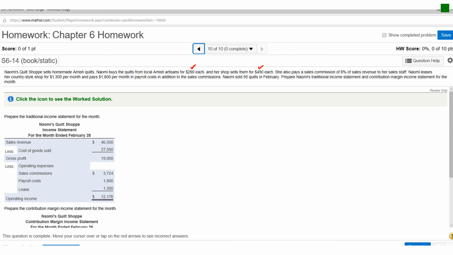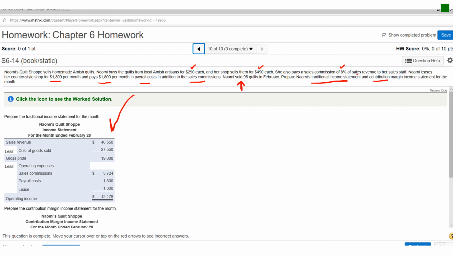They also pay a commission of 8% of sales revenue, and they lease their shop for $1,300 per month, and then they pay $1,800 per month in payroll cost in addition to sales commissions. So that's the setup. Now, they sold 95 units or quilts in February. First thing we'll do is the traditional income statement, and then the contribution margin.